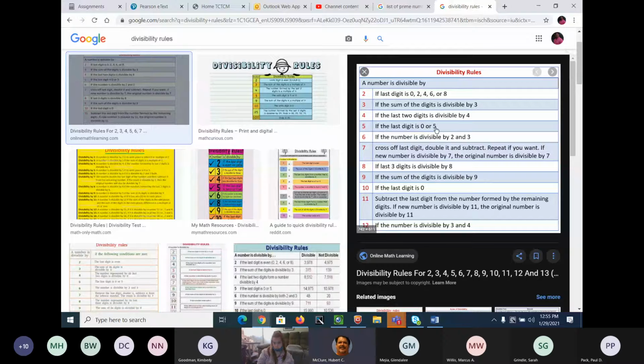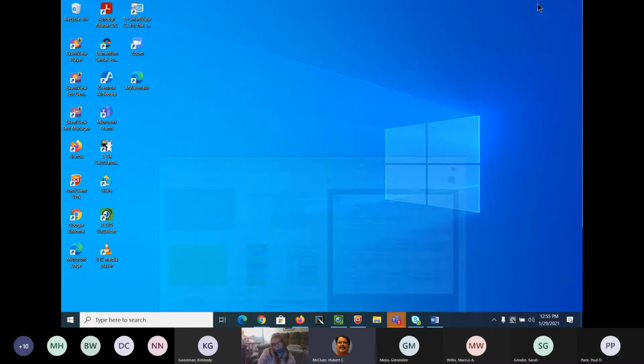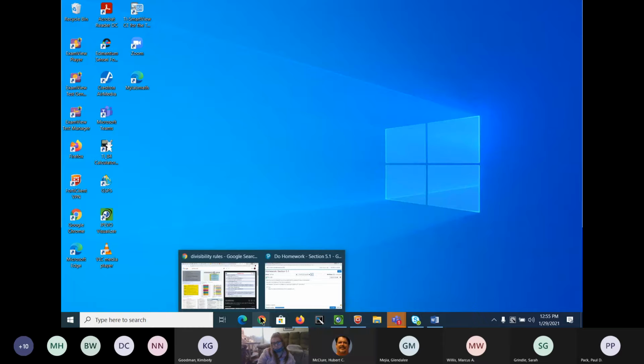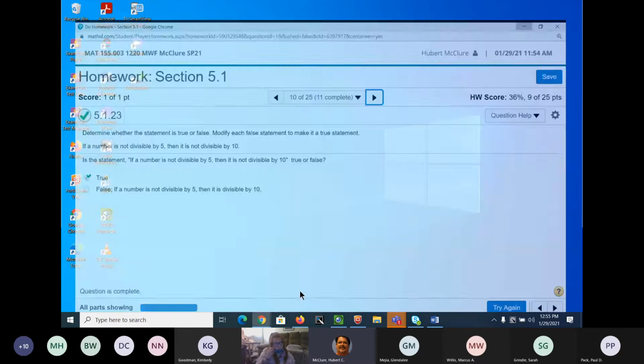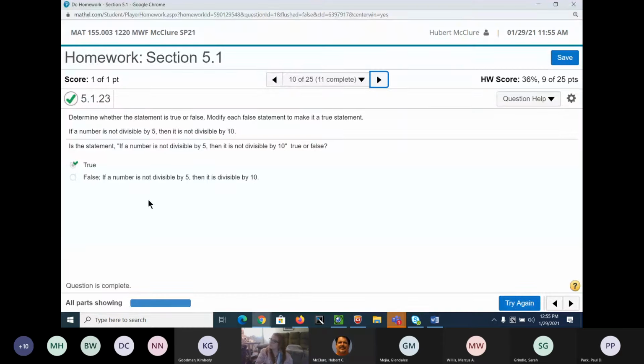And down look at 10. 0. So if these two are zeros, then 5 and 10 will both be divisible into a number with 0 and 5. So that helps answer the question. That's why I told you to print it out and put it on the back of an index card, and that would be true.